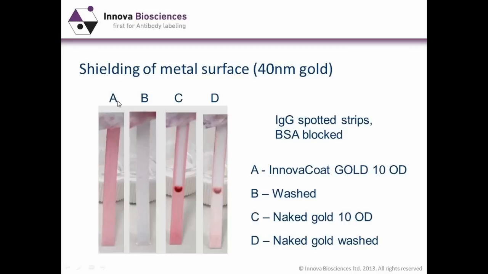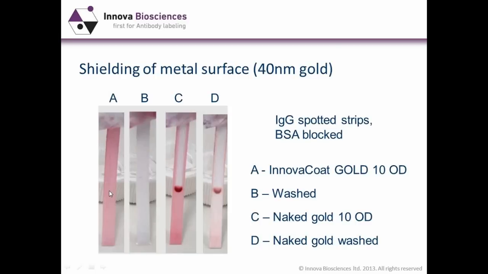What we've done in panel A is run the coated gold up the strip, and then we've washed the strip. And you can see there's no evidence of the spot, so the coated gold has gone straight past the IgG spot. If we now run naked gold up the lateral flow strip, you can see that it flags the position of the IgG spot.